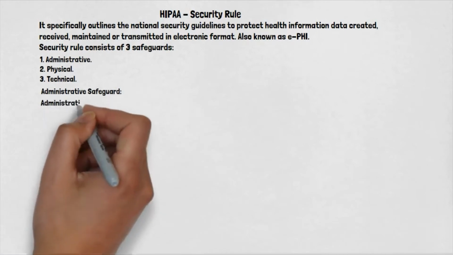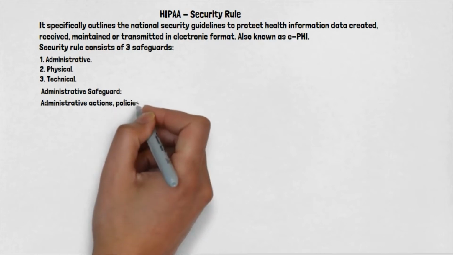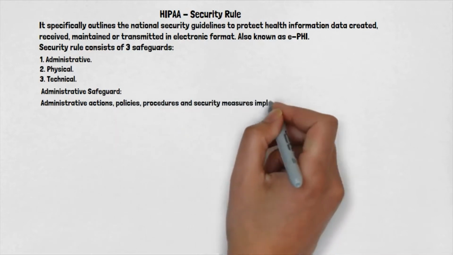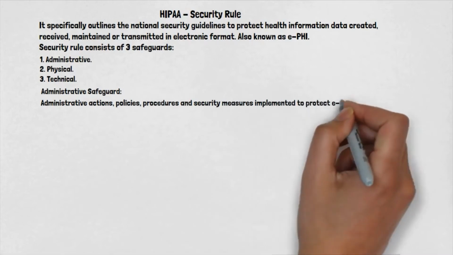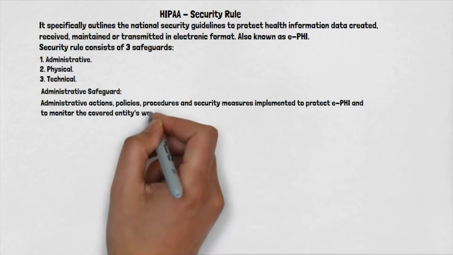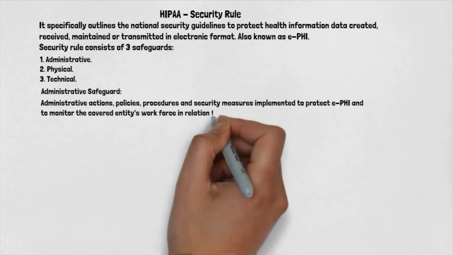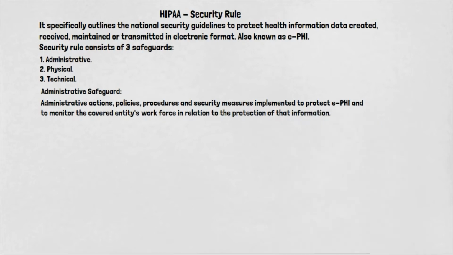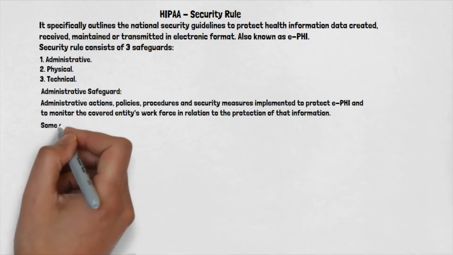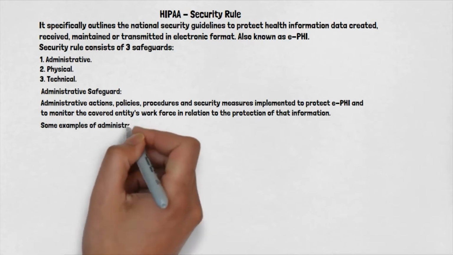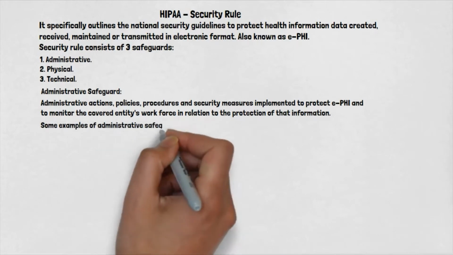These are administrative actions, policies, procedures, and security measures implemented to protect ePHI and to monitor the covered entity's workforce in relation to the protection of that information. Now let us look at some examples of administrative safeguards.